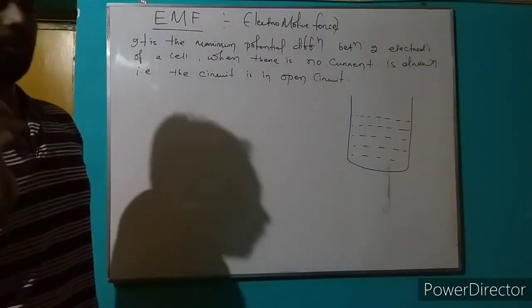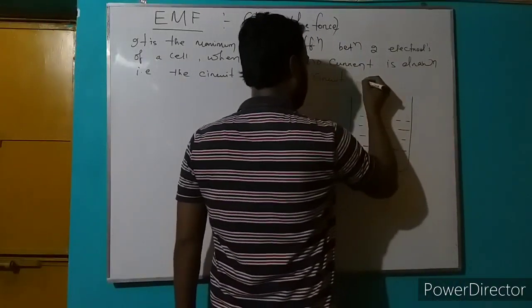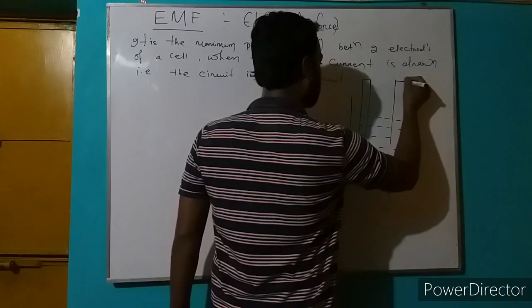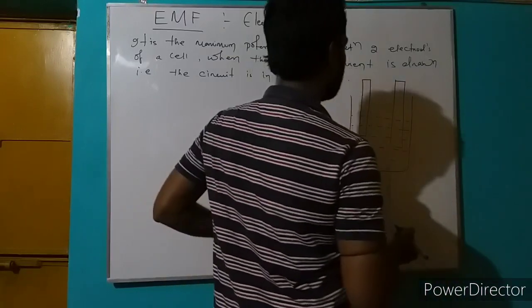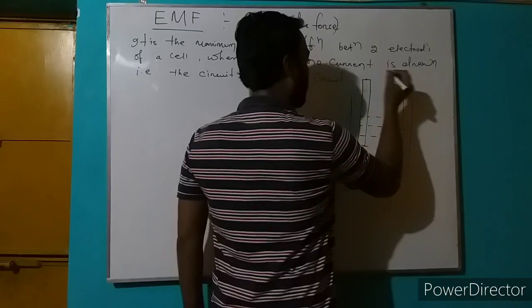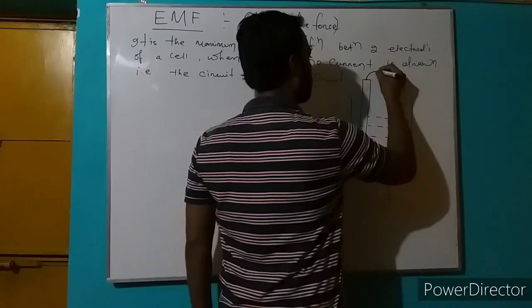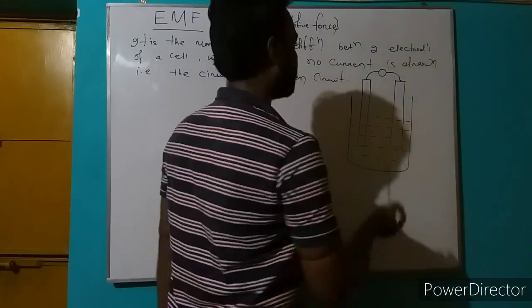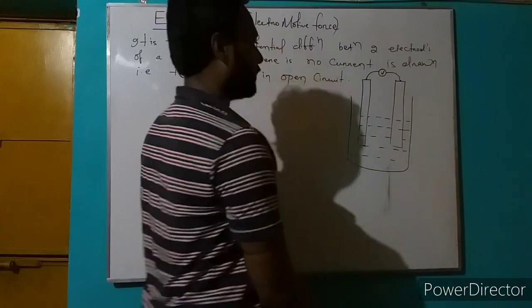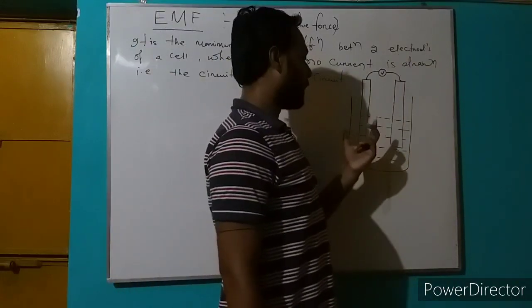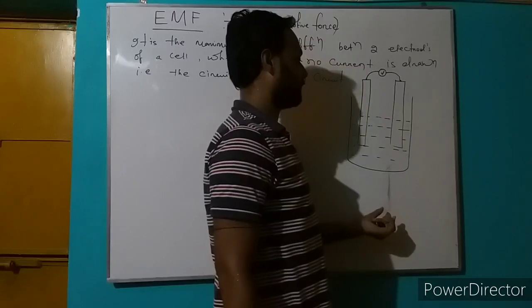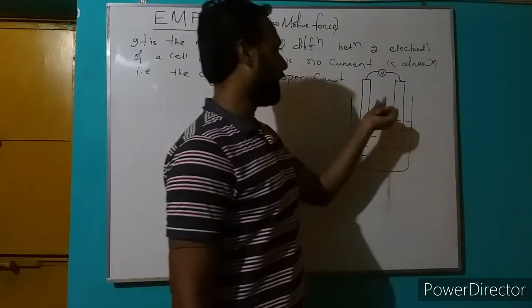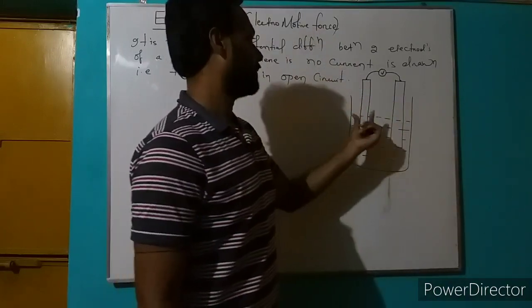Now, if you consider two electrodes, they are dipping inside the solution. The two points of the electrodes are connected by a voltmeter or potentiometer that measures the maximum potential. That potential can be represented as EMF.